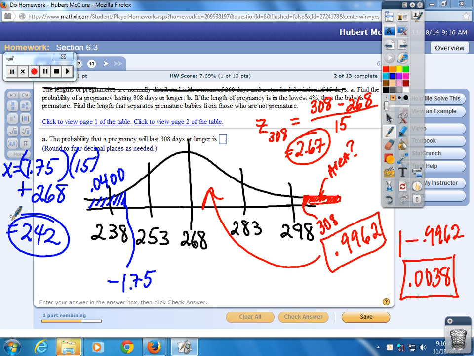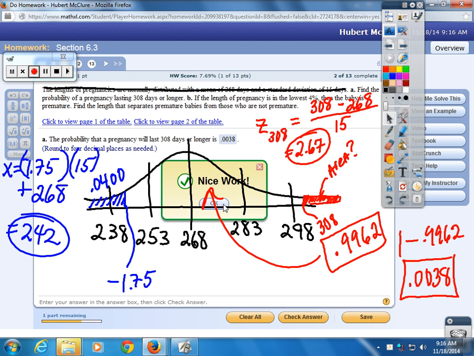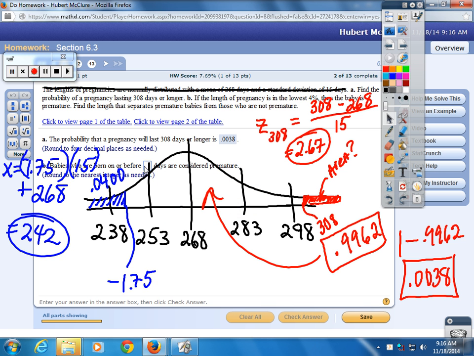So anything below 242 days is what? Premature. So we found the first one. Let's see if we got it right. It says 4 decimal places, 0.0038. And we feel good about ourselves. And 242, and we feel good about ourselves.